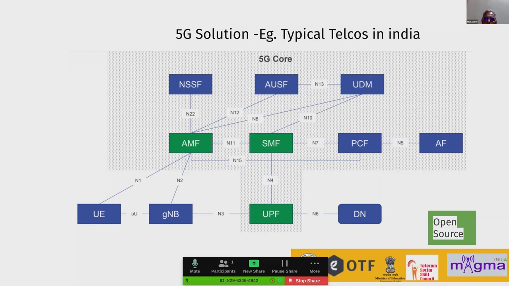And then you need a packet charging function so that you can apply policy, the subscriber database, which is user data management, and the subscriber database has to be there. And then your authentication functions, and then you have got the network slicing function.